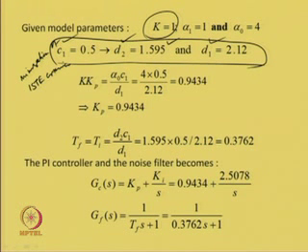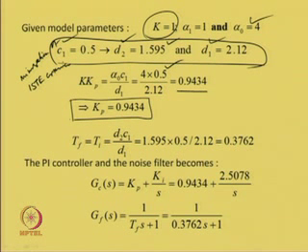Now, putting those values in the explicit expressions for KKP, which is nothing but KKP is equal to alpha 0 C1 upon D1 is equal to 4 times 0.5, C1 is 0.5, alpha 0 is 4, therefore, 4 times 0.5 upon 2.12 gives us KKP as 0.9434, where Kp becomes 0.9434.